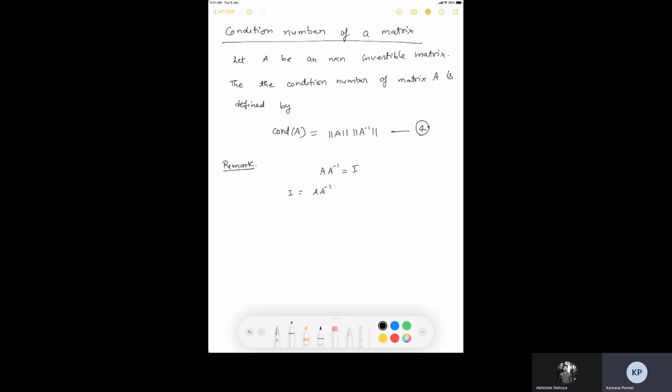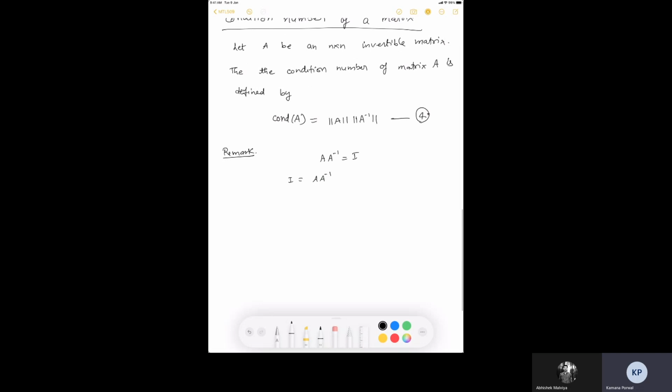So you can extract a lower bound on the condition number using this relation. If I take the norm on both sides, norm of I is norm of A into A inverse, and this is less than or equal to norm of A into norm of A inverse, which is a property of the norm again. And this is the condition number of matrix A.